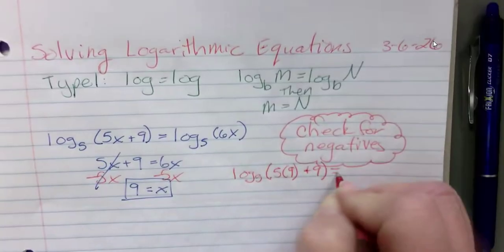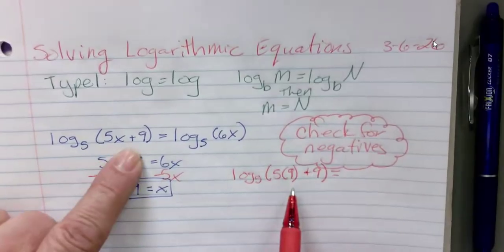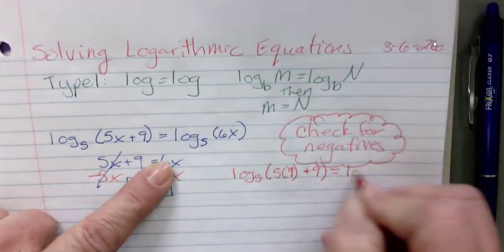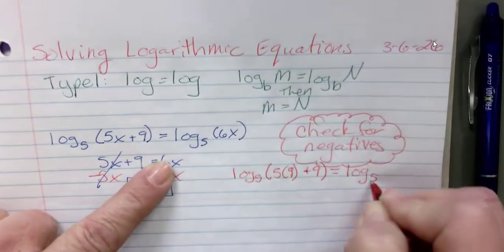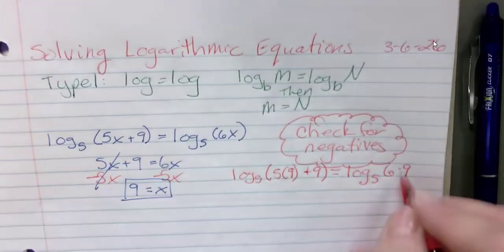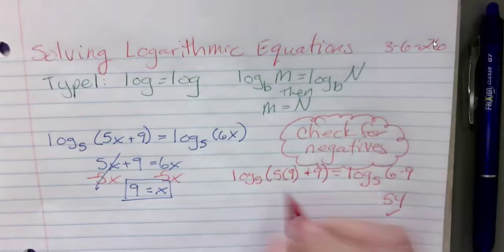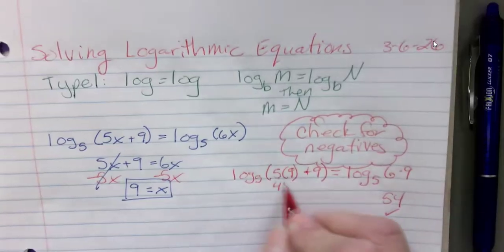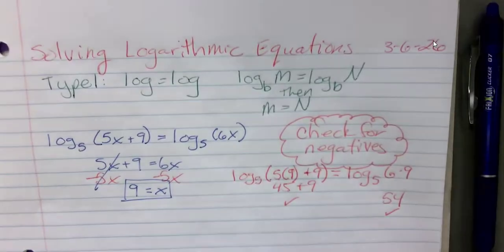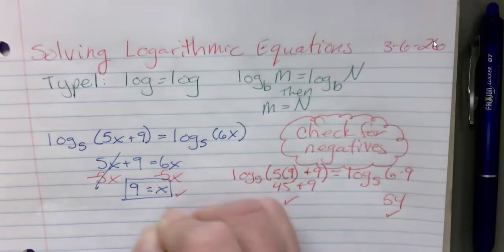That was this side of it, right? 5x plus 9, the x is now 9, plus 9. And then the other side is going to be log base 5 of 6 times 9. Well, this is 54, so that is not negative, so that's safe. This is going to be 45 plus 9. That will also be positive, so it is safe, right? So my answer has been checked and it is valid.